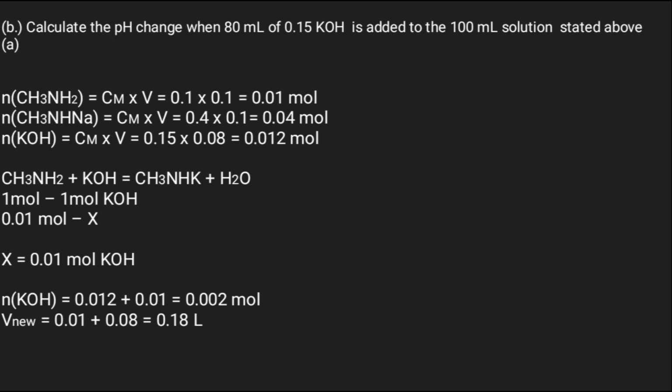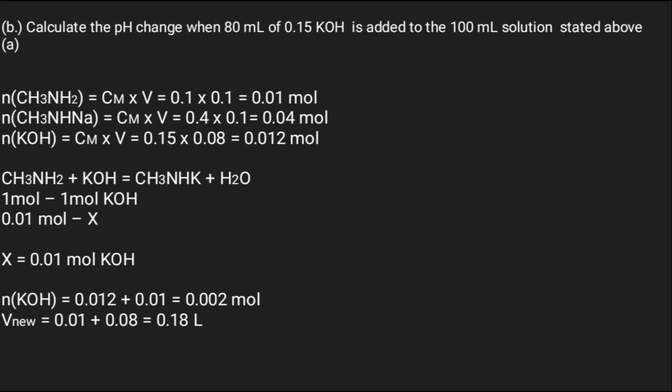First, find the moles of CH3NH2 by multiplying Cm times volume, which is 0.1 times 0.1, equals 0.01 mole. Then calculate the moles of CH3NH2 from the first equation. Multiply the Cm and volume, that is 0.4 times 0.1, is equal to 0.04 mole.